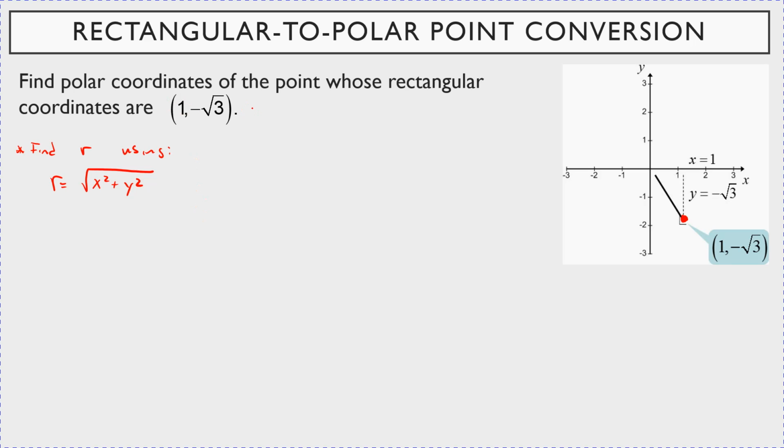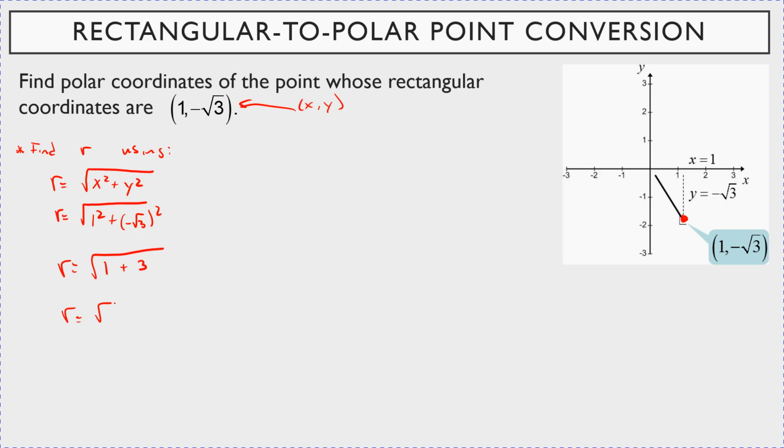All right, so look, this is my x comma y point. So this is the square root of 1 squared plus negative square root of 3 squared. So this is 1 plus 3, obviously, right? Because when you square a negative it's positive, and the square root squared just goes away, and you get 3.